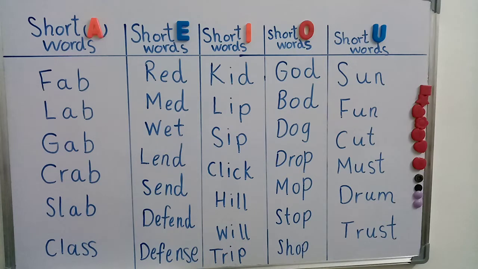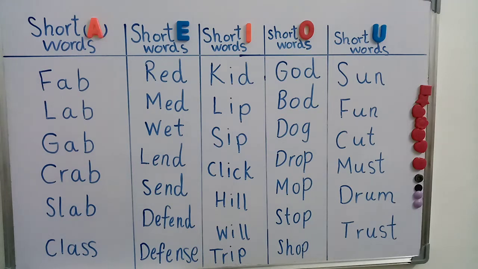Last time we talked about vowels and the sound for each vowel. We learned their sounds and we said that if your child actually learns the vowels, then he or she will be able to read English fluently.